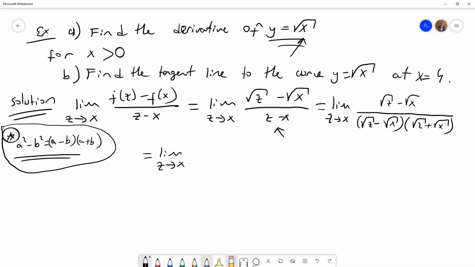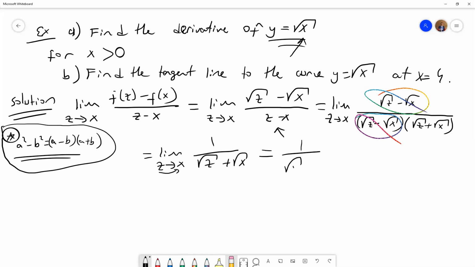And again, let's use this one. This one goes, and this one goes. You can see, finally, we have 1 over square root z plus square root x. And if you put x for z, it is 1 over square root x plus square root x, it is 2 square root x. The solution is this one.